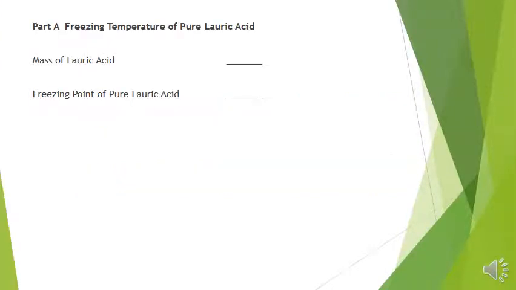So let's go through it. Part A: I measured the mass of lauric acid, and I want you to record that, okay? And that's in the video. And also its freezing point. Now remember, it's a separate picture of it, and I believe we decided the freezing point's around 42 degrees, but check that out and write that down.